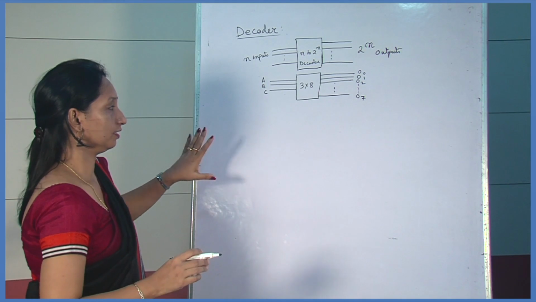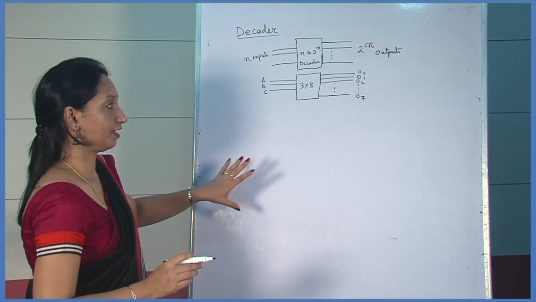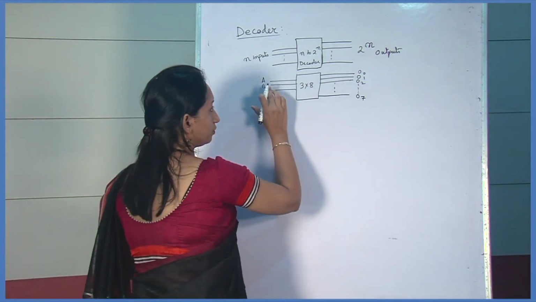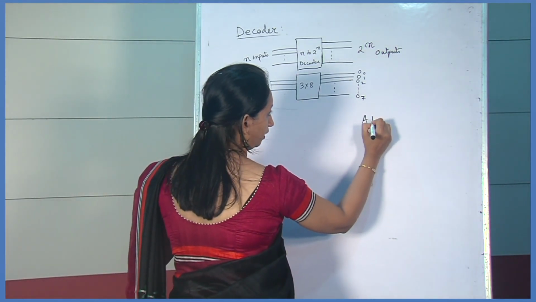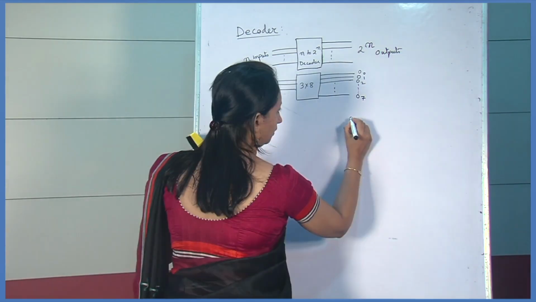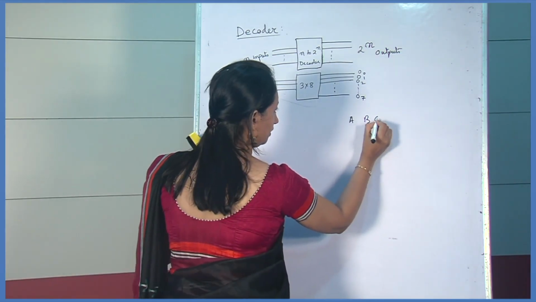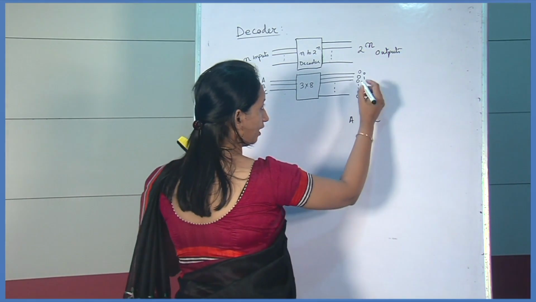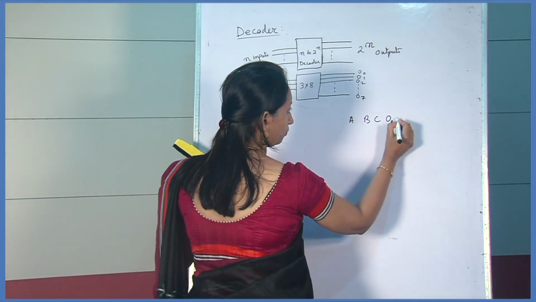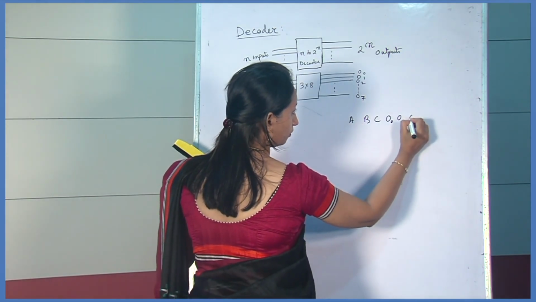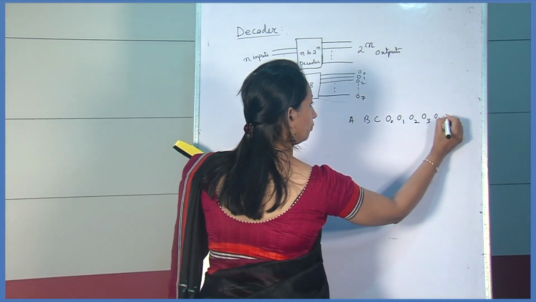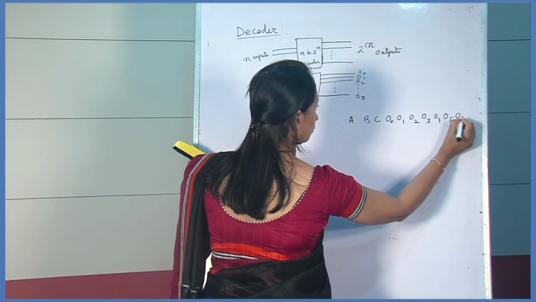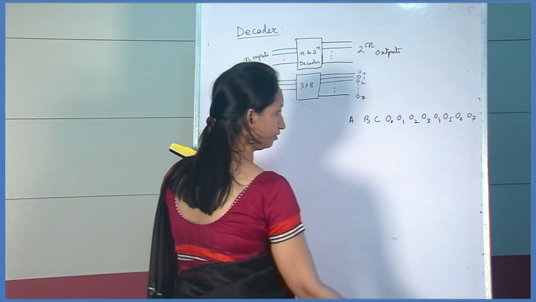Now we see the logic circuit and the truth table. Since there are 3 inputs, we have given A, B, C. These are the 3 inputs, and the outputs are O0, O1, O2, O3, O4, O5, O6 and O7.